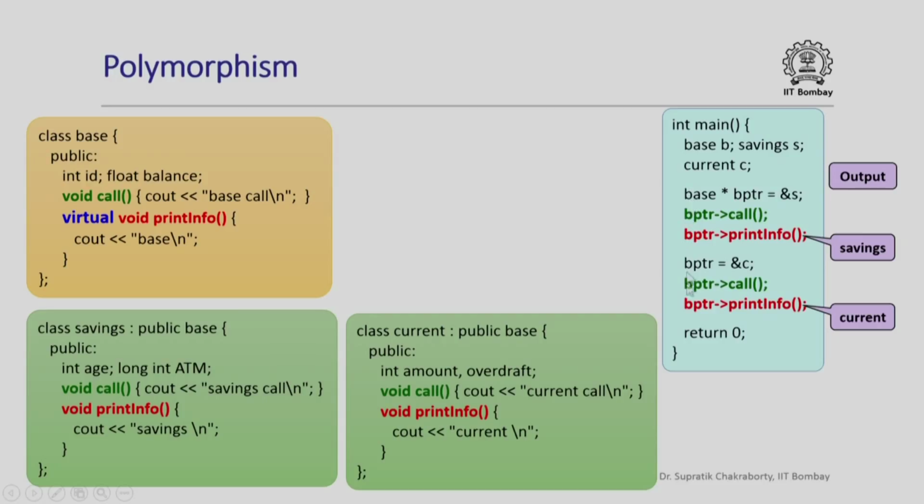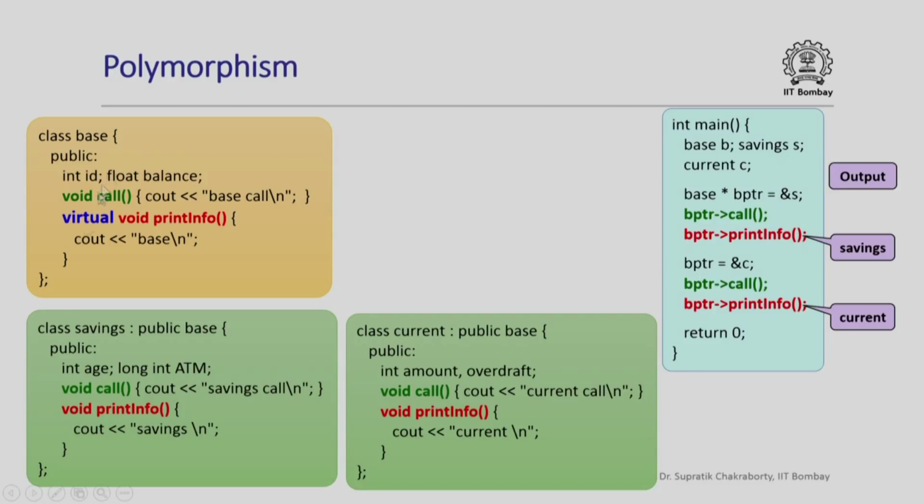Now this is very interesting because BPTR is a pointer to the base class, and in this assignment statement the address of an object of the derived class, which is going to be viewed as an object of the base class, is assigned to this pointer. And then when I say BPTR arrow call, remember BPTR is a pointer of the base class.